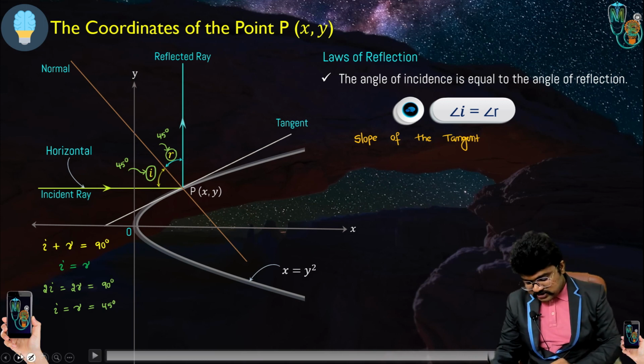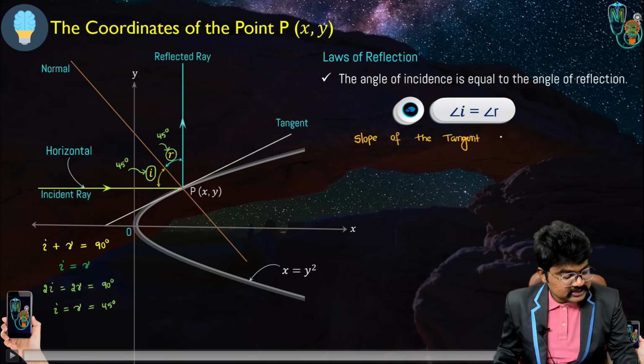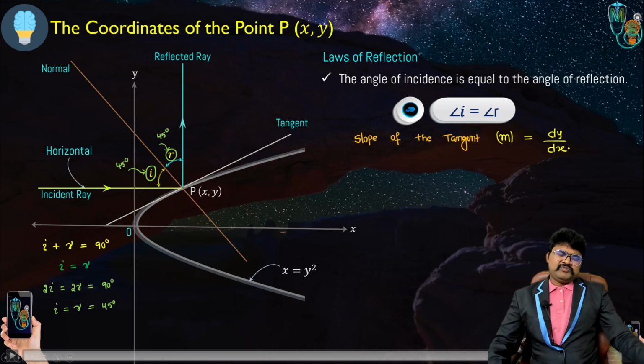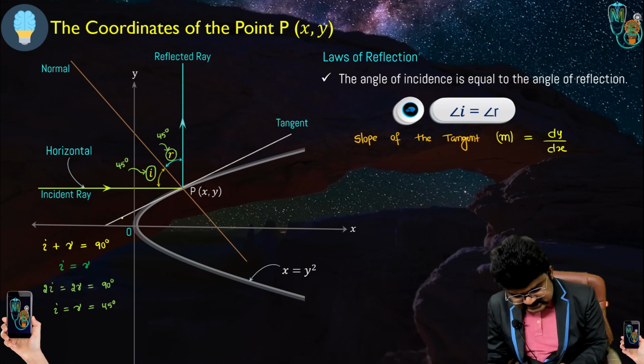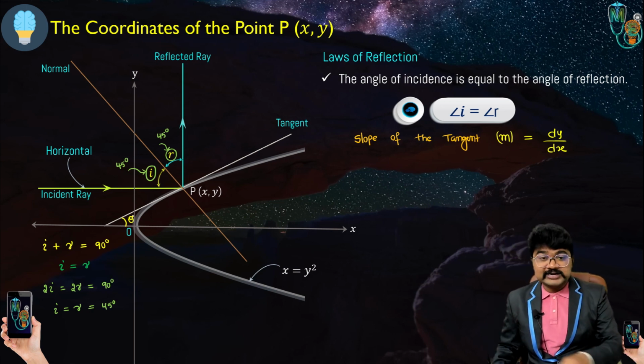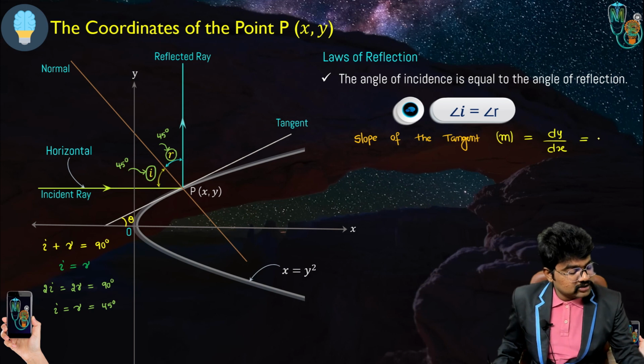We already know that M is the slope of the tangent, and dy by dx is the slope of the tangent. If it makes an angle theta, the slope of the tangent is equal to tan theta.